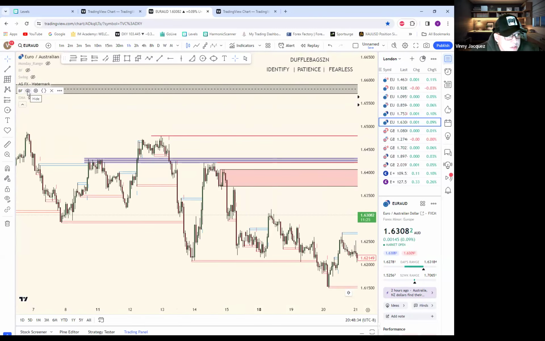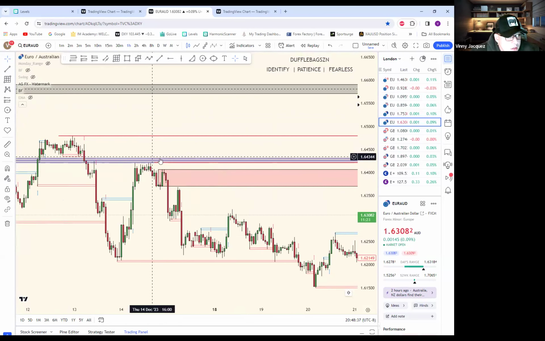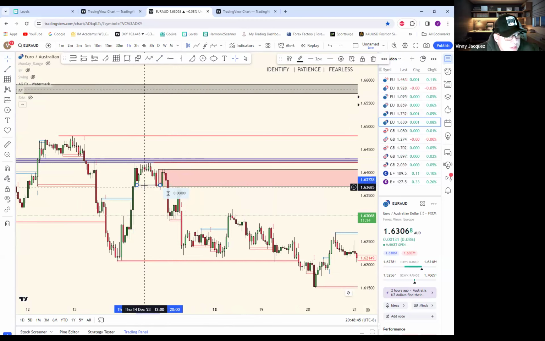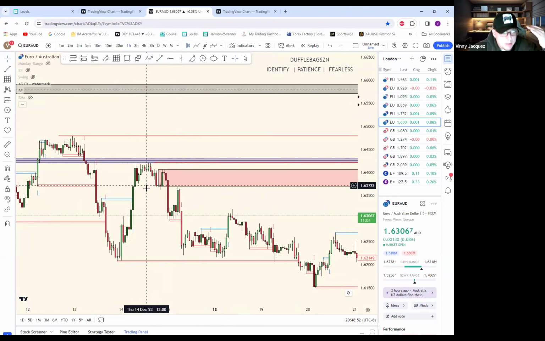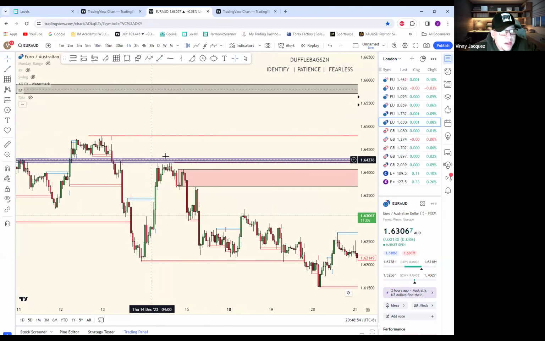I think I marked that up as a starting point because we did break these lows and then we took more lows. So even though we didn't get a red box there, I'm imagining it right there.